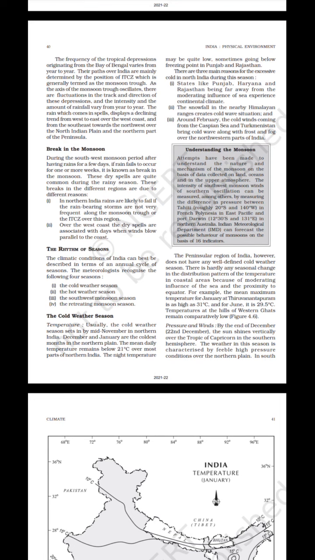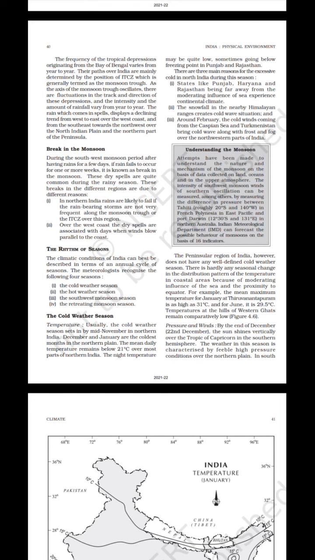Understanding the monsoon. Attempts have been made to understand the nature and mechanism of the monsoon on the basis of data collected on land, oceans, and in the upper atmosphere. The intensity of southwest monsoon winds of southern oscillation can be measured, among others, by measuring the difference in pressure between Tahiti, roughly 20 degrees south and 140 degrees west in French Polynesia in East Pacific, and Port Darwin, 12 degrees 30 south and 131 degrees east in North Australia.